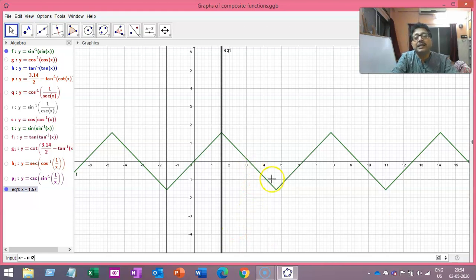They can write the equation easily, quickly. My aim is not to write all the equations there, just to show you that it will remain the identity function over this part only, from -pi by 2 to pi by 2. Next part it is going to be changed, then it is going to be changed. But every time if you rotate the line by 90 degrees, you will get the next one, either clockwise or anti-clockwise. Okay. So this one is sin inverse sin x.